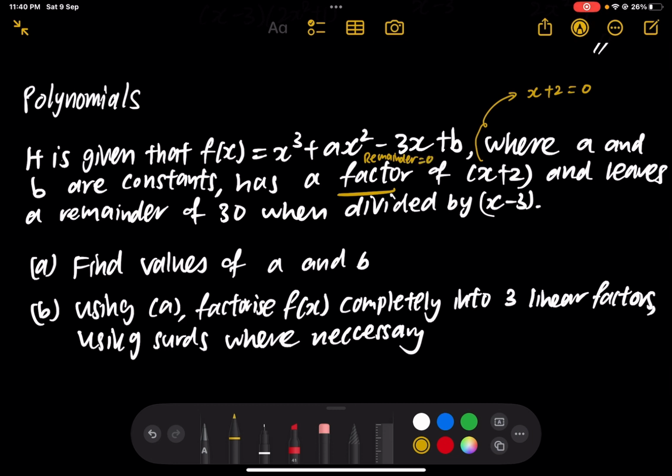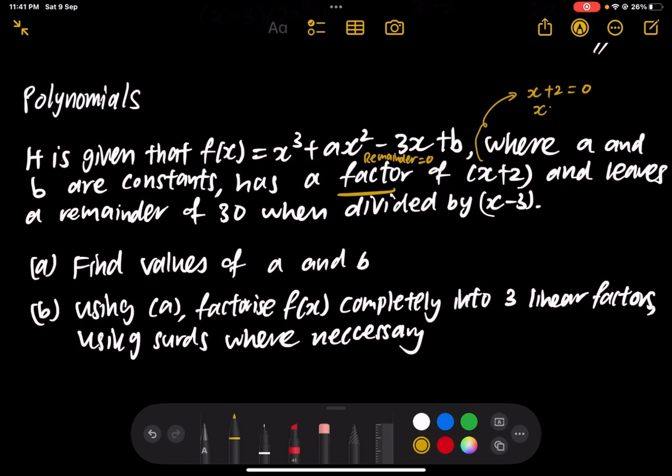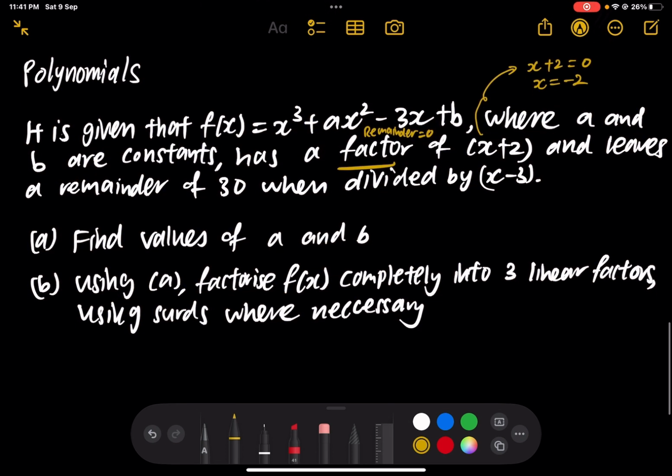Hence, I'll equate it to 0, and x is negative 2. For this, it leaves a remainder of 30 when divided by x minus 3. Then you make x equals 3 and you'll leave a remainder of 30. Find the values of a and b.